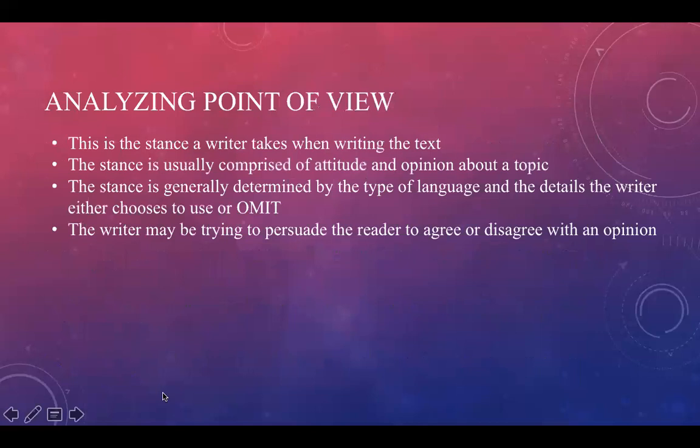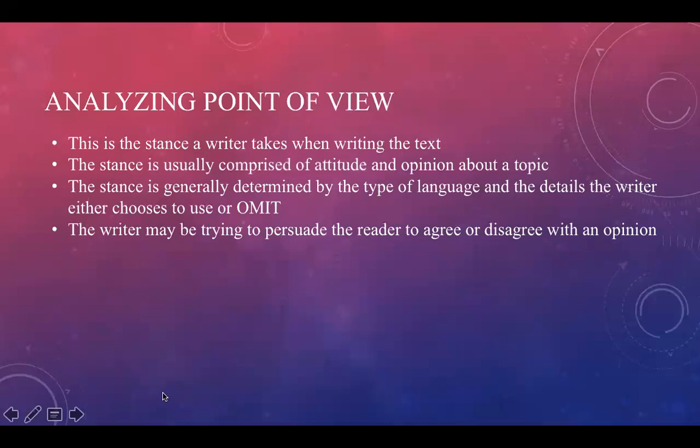Looking at point of view, this is the stance that a writer takes when writing the text. The stance is usually comprised of attitude and opinion about a topic. If I say to you, Donald Trump, right away, that is going to elicit a point of view.